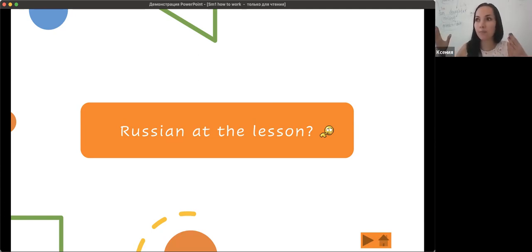I display it on the TV, I open my student book. So if it doesn't work, I just come to a student. I open his book, I point to the page and I say, open your book. So anyway, gestures, miming, or even you can physically help student to get what you mean and still skip speaking Russian. So it helps usually. Yeah, it helps.